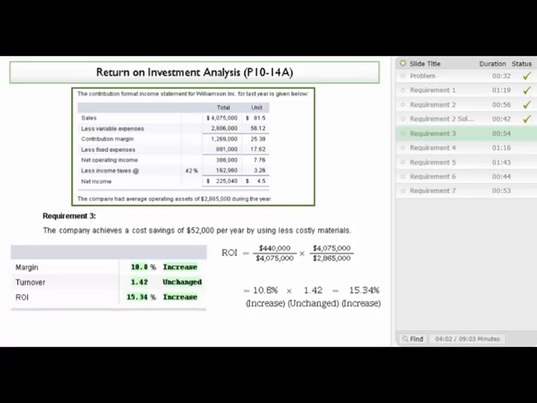So as a result, margin increases. And in terms of the balance sheet side, or the turnover, meaning sales divided by the investment in assets, there's no change there. So here again we have an increase times an unchanged turnover amount, and that also increases ROI, in this case to 15.34%.